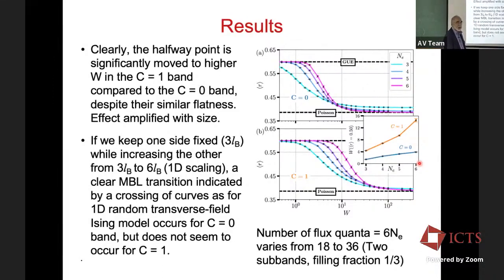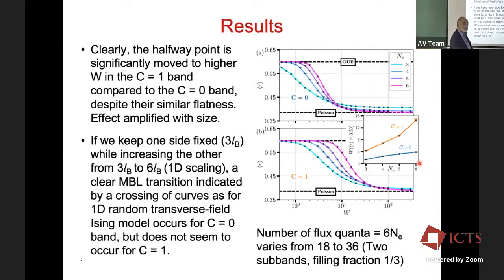I mean, we cannot say that that's definite. I've done enough numerics to know that these things can turn around and bite you. But certainly the curvature of the two curves is opposite to each other. So I would say it looks like the Chern 0 band many-body localizes. Chern 1 band, does it localize or not? One can't say.